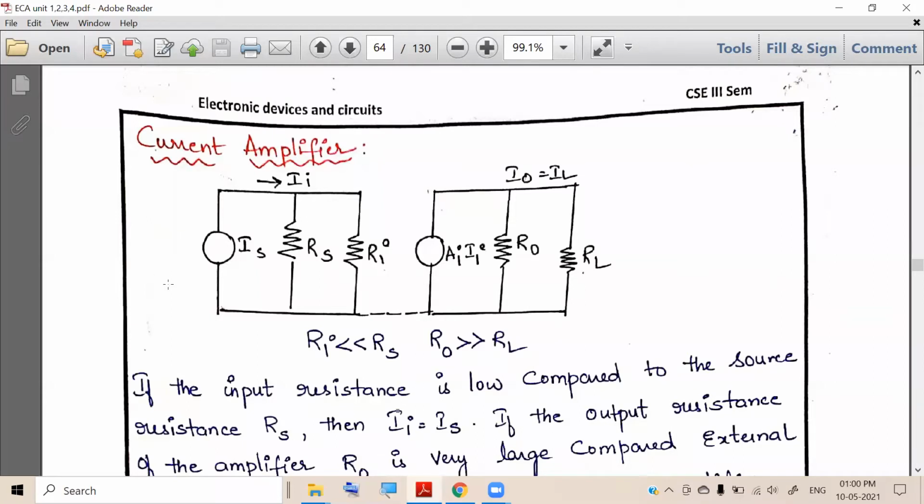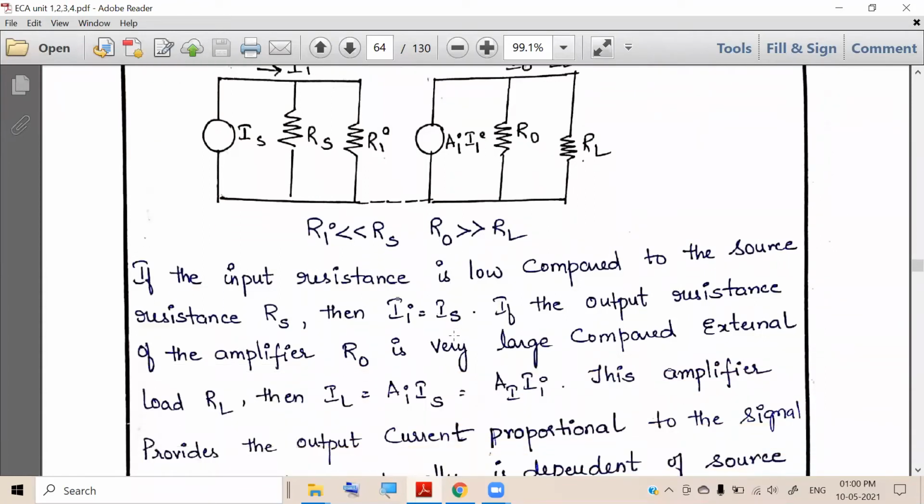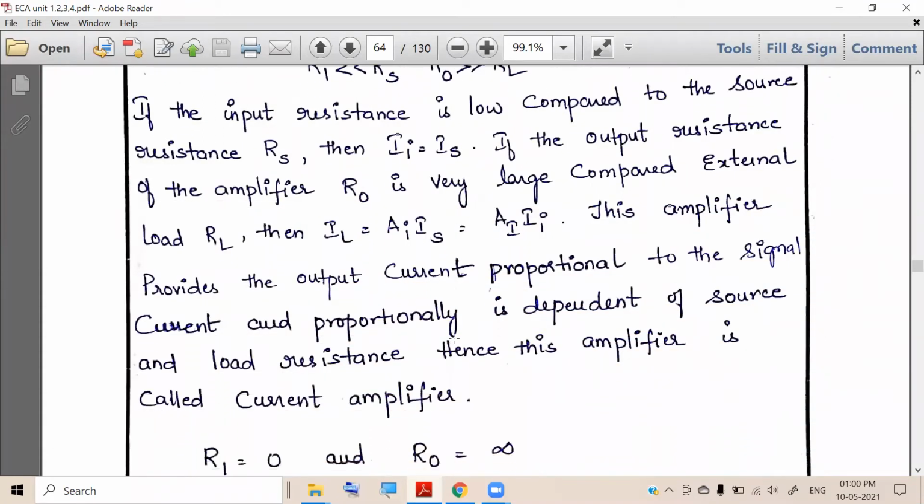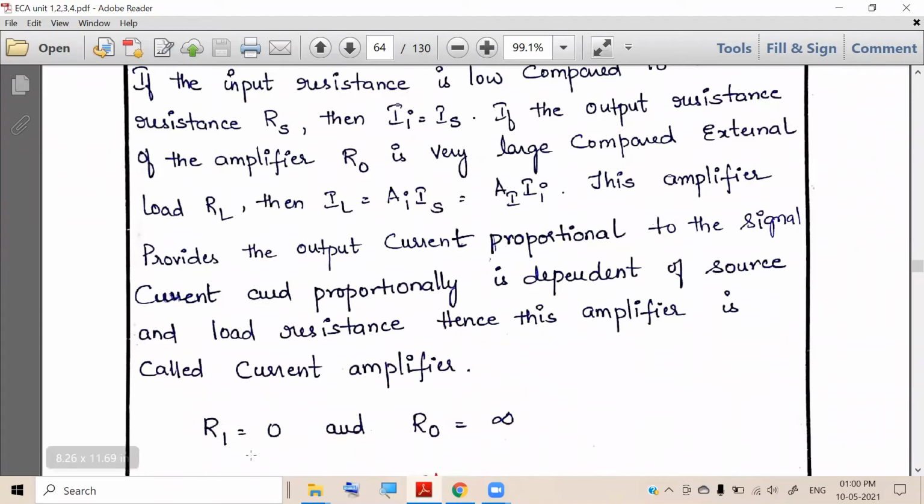So the ideal case is RI has to be 0, R naught has to be infinite.